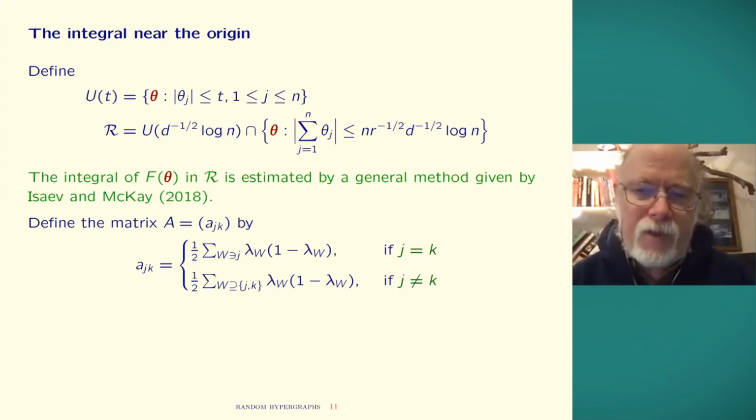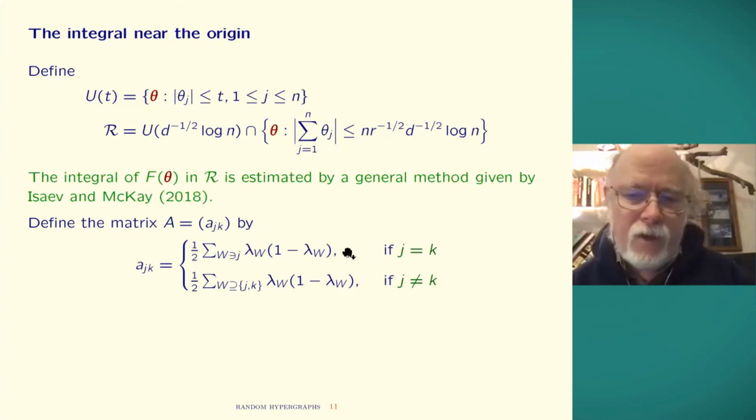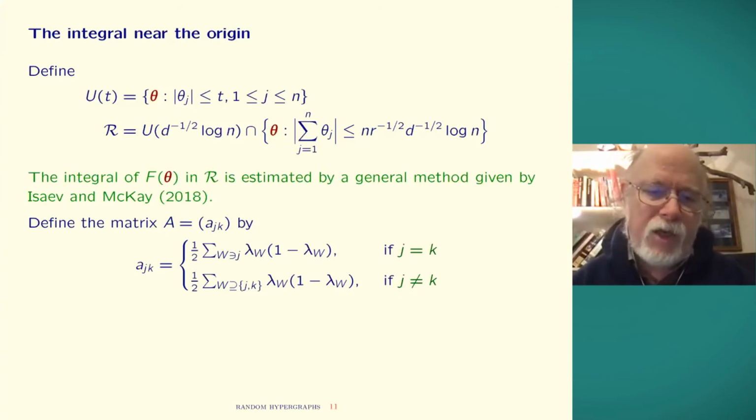Fortunately, we have a general method which was proved by myself and Misha Isayev a couple of years ago, and I'll explain how this method is applied. Firstly, we have to define a matrix A. For the diagonal entries, you sum lambda_W times 1 minus lambda_W over all the W's that contain j, and that gives you the A_jj diagonal entry.